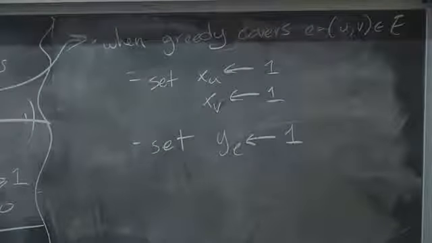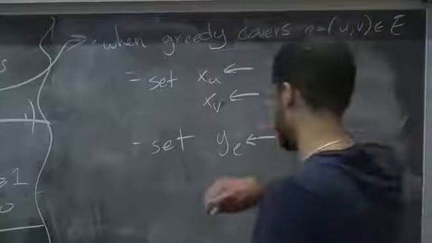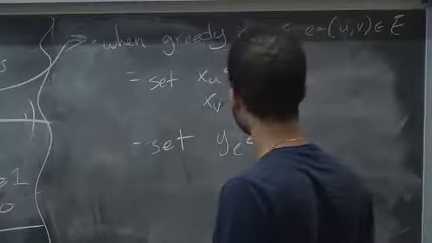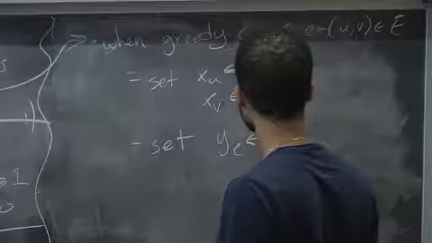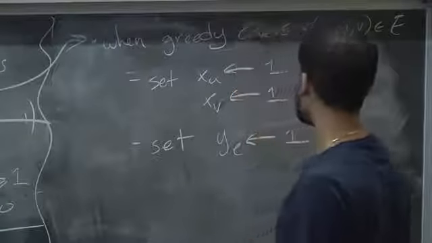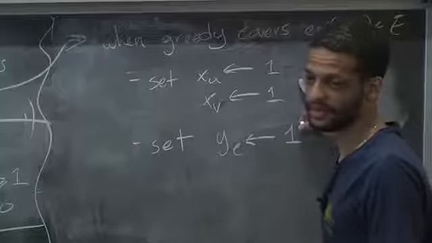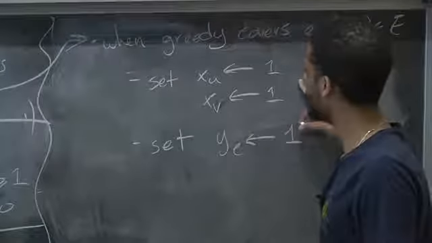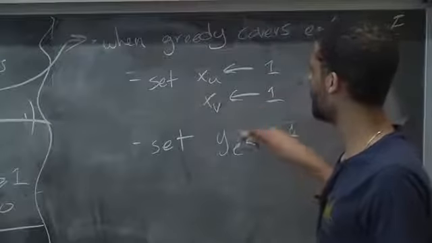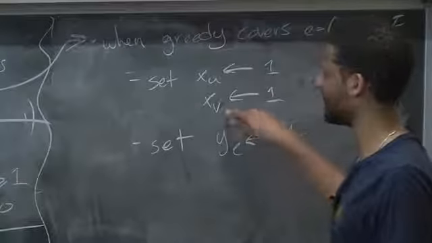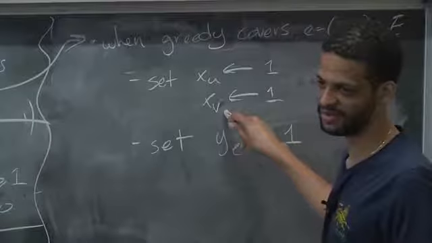Okay. So I think that's it. Both of these are feasible solutions. And whenever we increase the dual solution by 1, we increase the primal by at most 2.